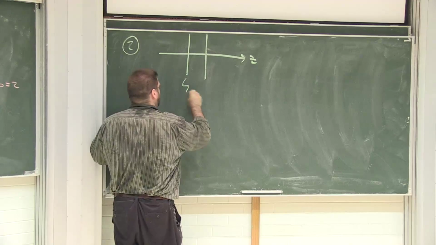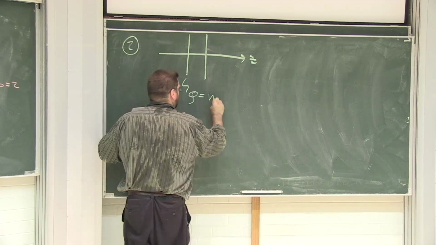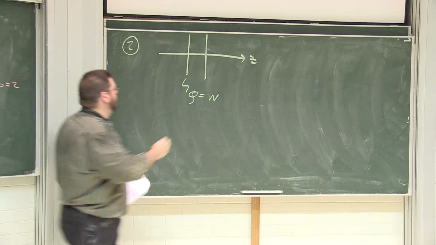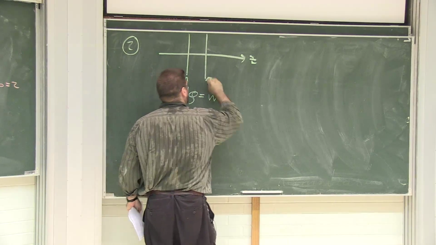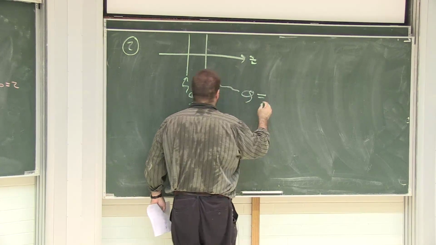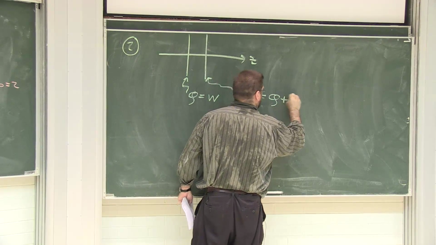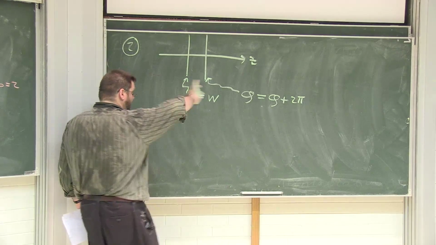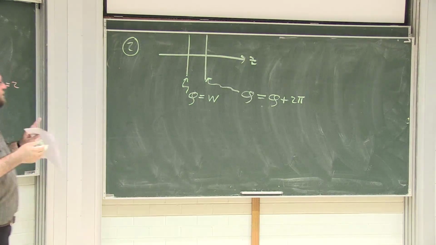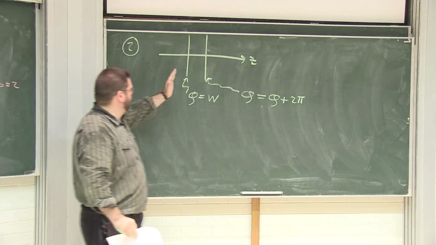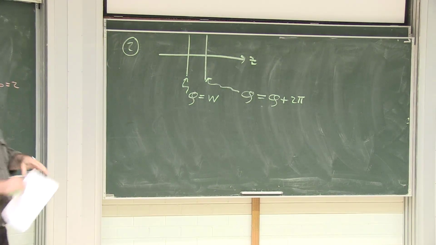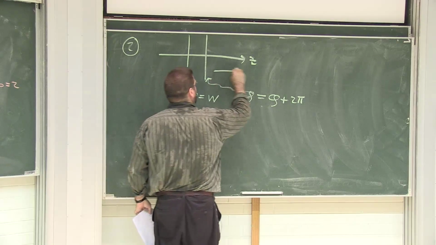And the first of these wavefronts is going to have a phase which is some number we'll call w, not omega but w. And the second wavefront is going to have a phase which is 2 pi larger than this. Again, my claim was that when we had a series of wavefronts spaced by lambda, the phase would increase in jumps of 2 pi between consecutive wavefronts, and you're moving in the direction that the k vector is pointing.